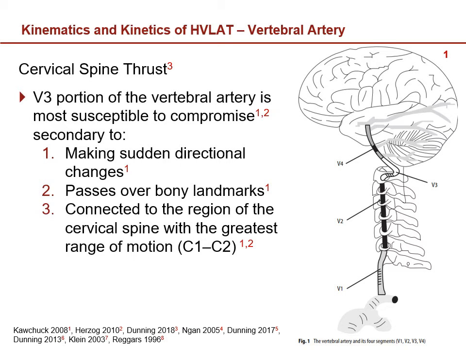And the area of suspicion, or highest suspicion, is this V3. And this is the portion of the vertebral artery that is potentially compromised, makes sudden directional changes, passes over bony landmarks, and is connected to the region of the cervical spine with the greatest ranges of motion, C1 and C2.